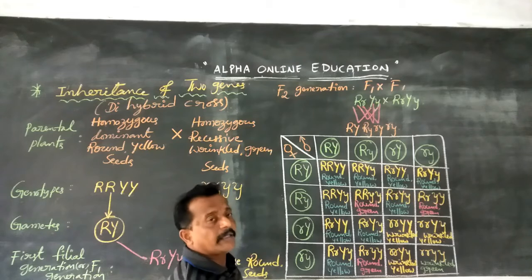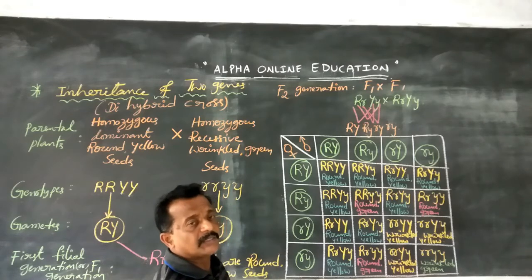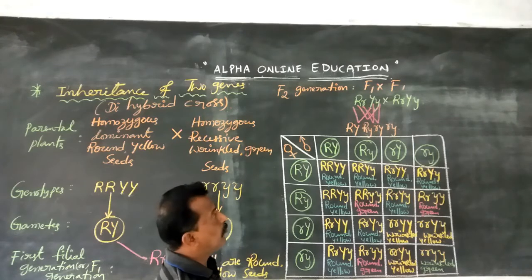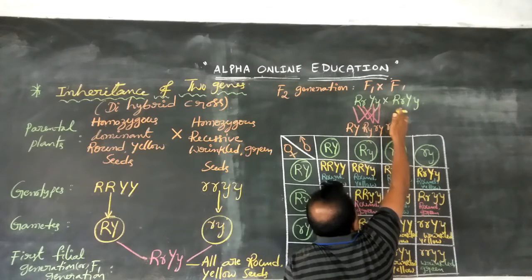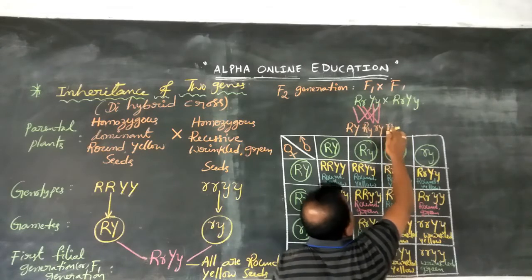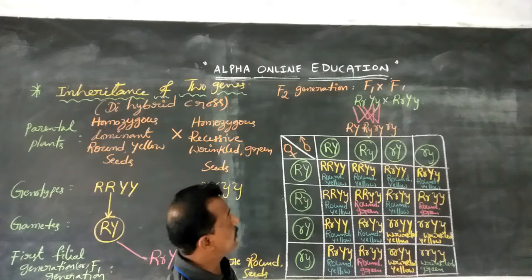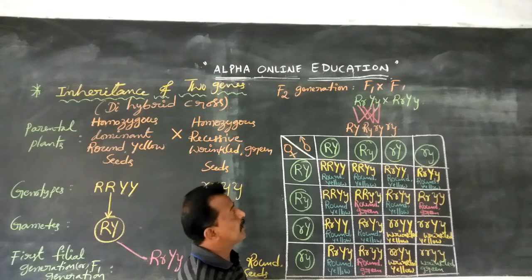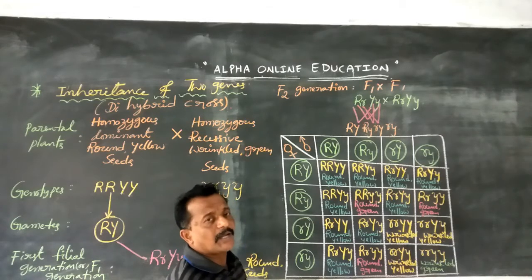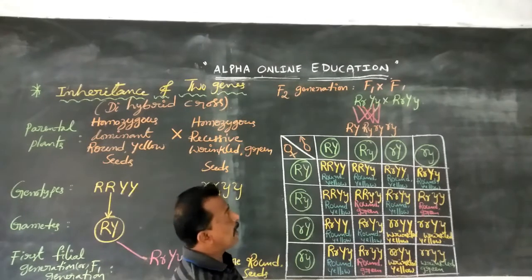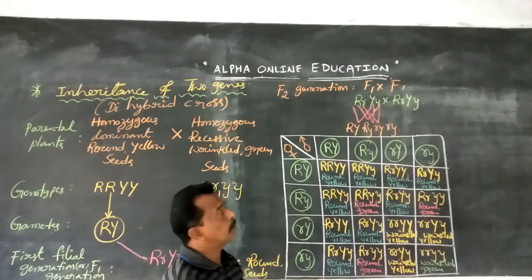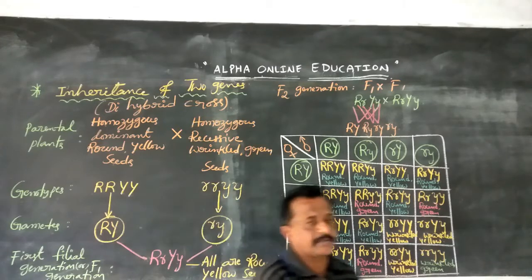So in the F2 generation the male parent produces four types of gametes, and the female produces the same four types of gametes. These gametes are produced in the F2 generation.